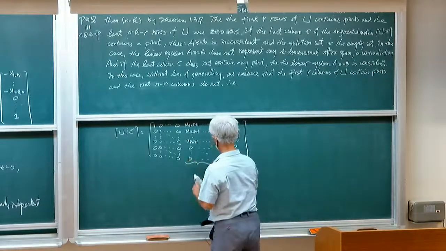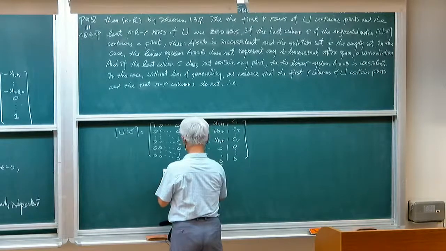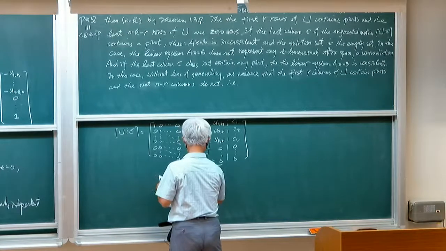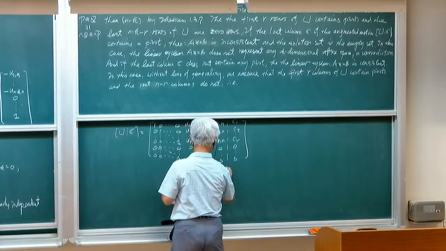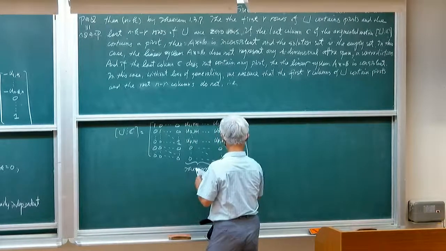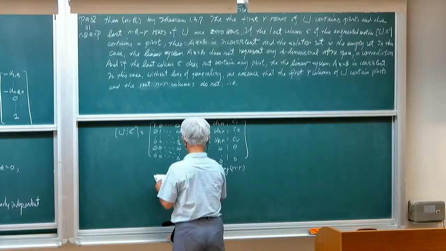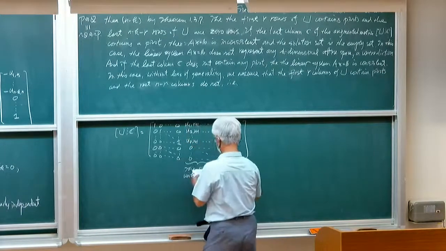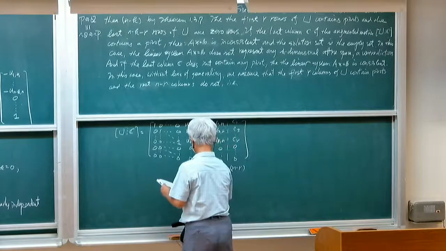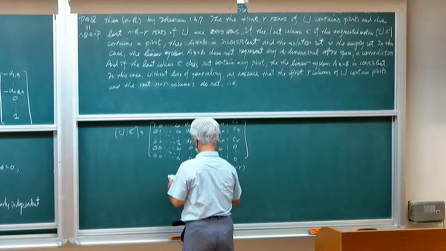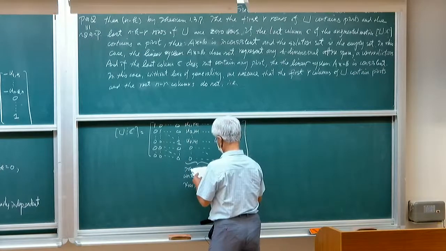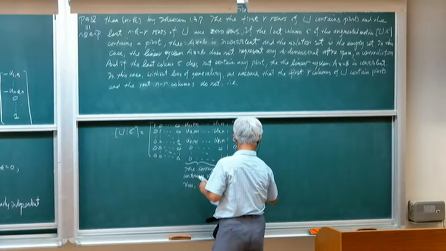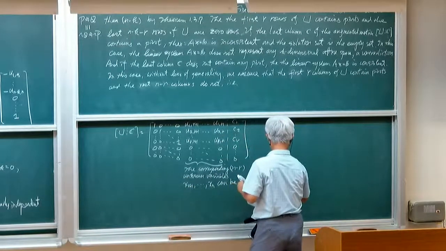Now the corresponding n minus r unknown variables x r plus 1 up to xn can be selected to be free.